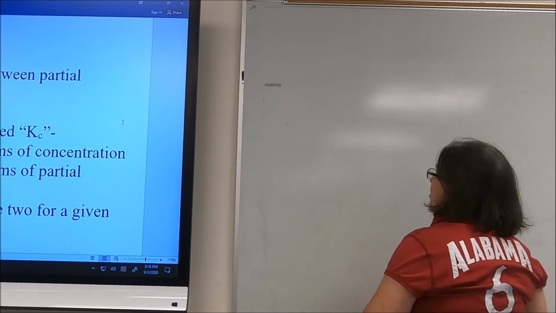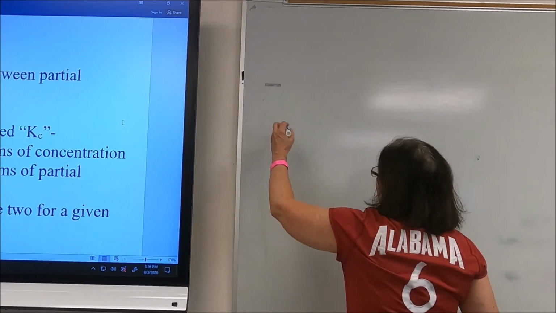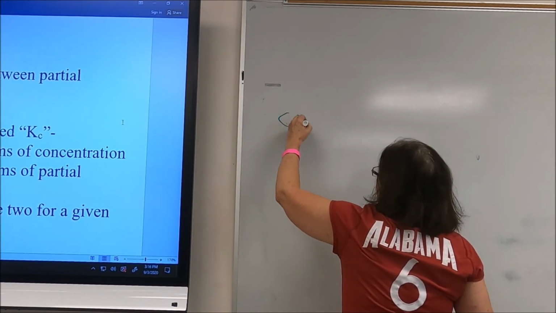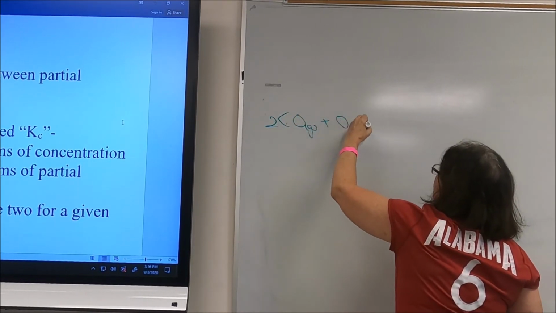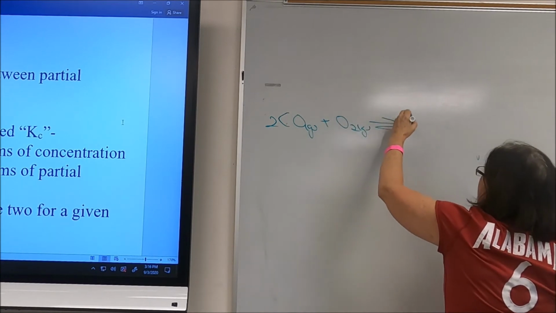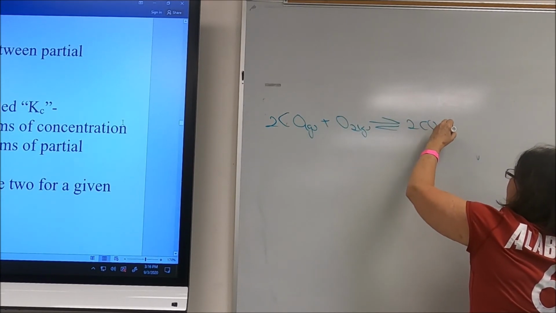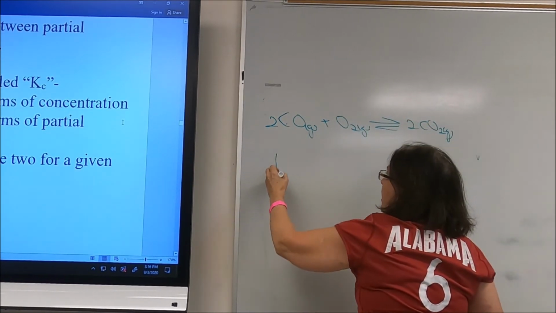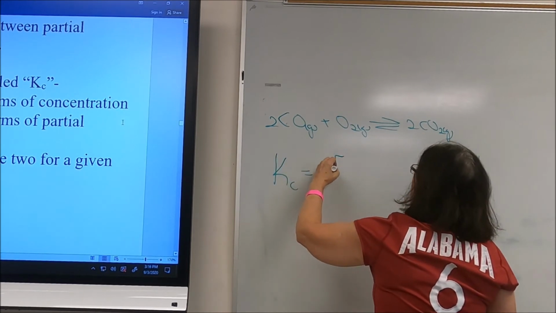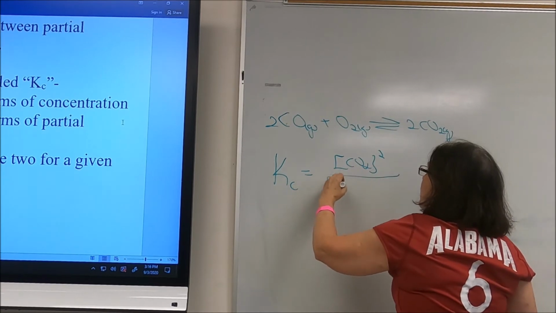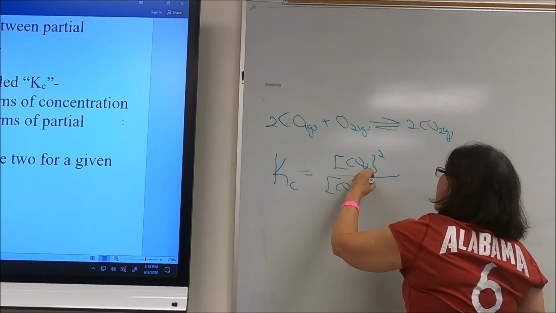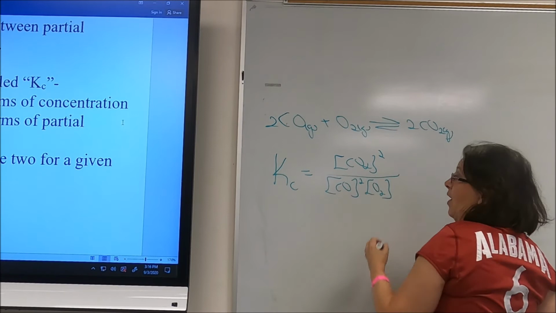So if I had the reaction, two carbon monoxides in the gas phase reacting with oxygen in the gas phase to give me two carbon dioxides in the gas phase, I could write Kc for this, which would be the concentration of carbon dioxide squared over the concentration of carbon monoxide squared times the concentration of oxygen.